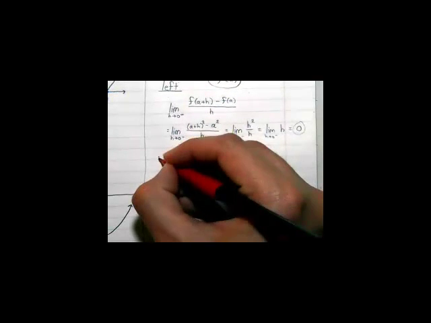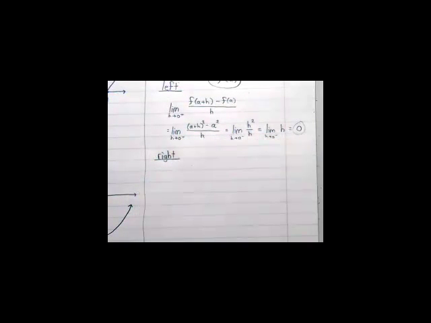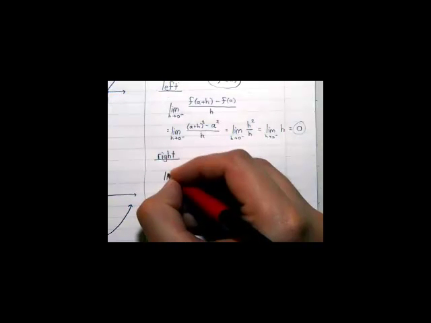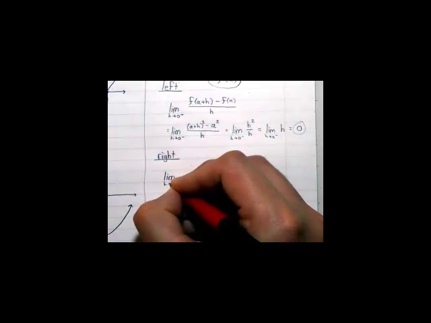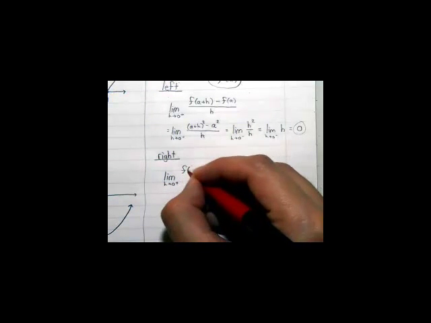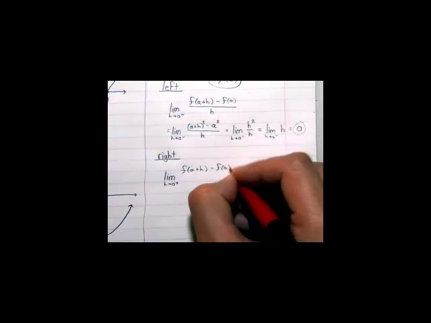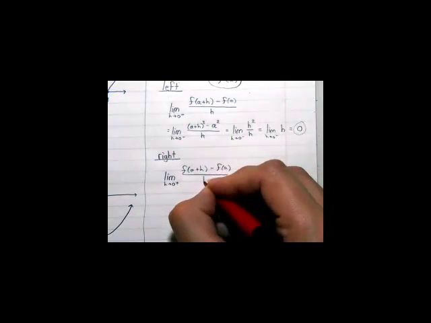Doing the right, same process, except we're using the other piece. The other side is 0, so it would be the limit as h approaches 0 from the right, so a little plus, of f of a plus h minus f of a, all divided by h. And so in this case, I'm going to use just the function x.